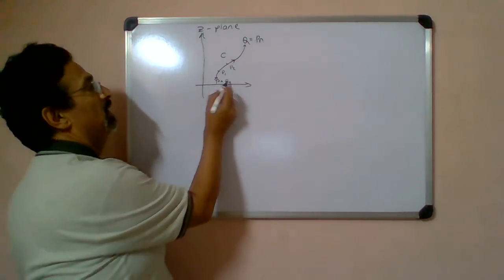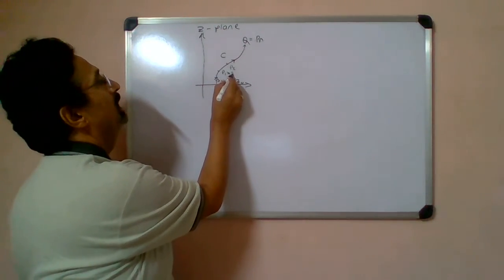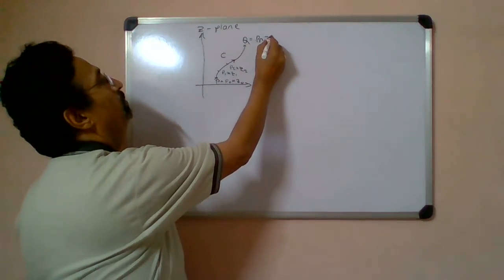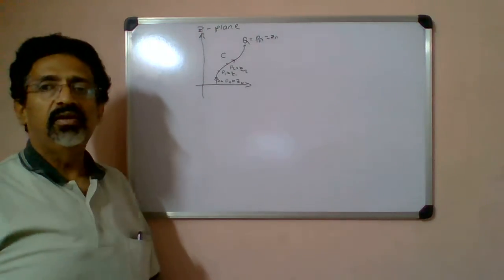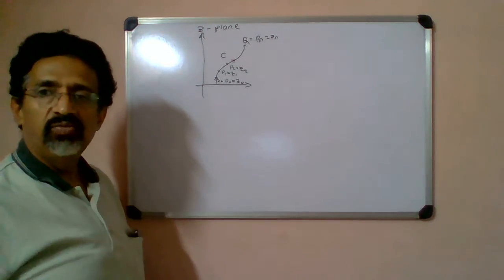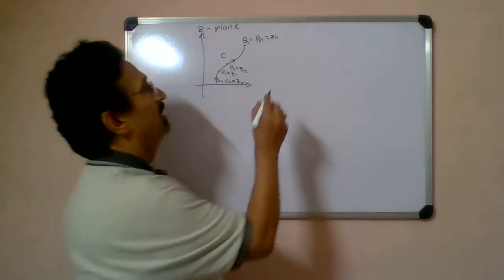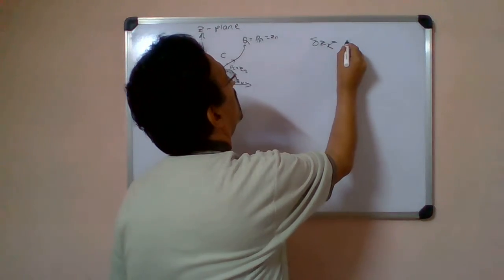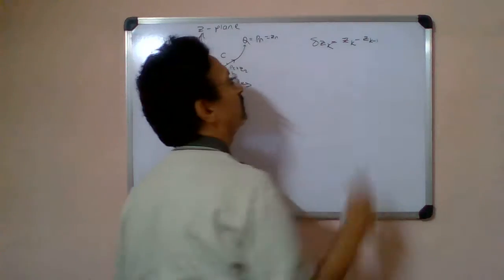Now, the value of z at P0 is z0, at P1 is z1, at P2 is z2, and so on. At Pn it is zn. Since f(z) is analytic, that has to be the condition on f(z). Now I consider delta zk to be the difference zk minus zk minus 1.